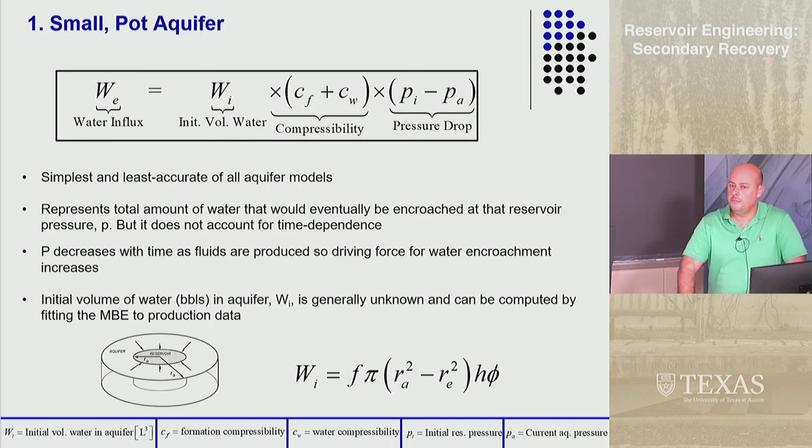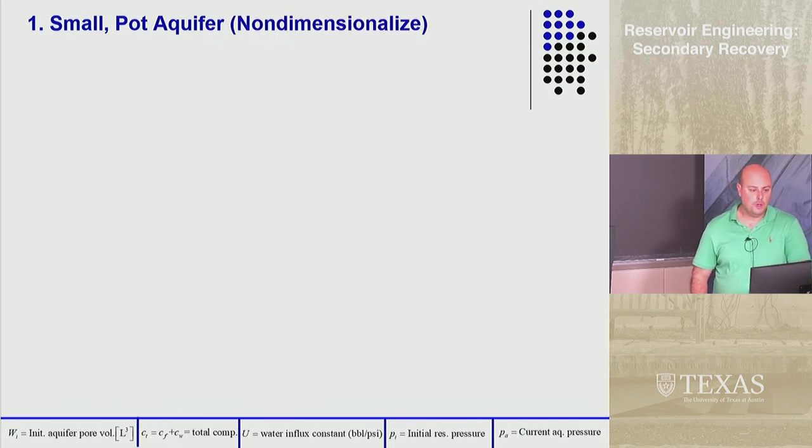But if you have a core sample, probably from your reservoir, not your aquifer, then you can measure the compressibilities of both the rock and the water. You'll have a good idea of what your initial pressure is, right? You'll have pressure gauges in your wellbore that you drilled, and you might have a good idea of what your pressure is in the reservoir, at least at any given time. So you can calculate WE this way.